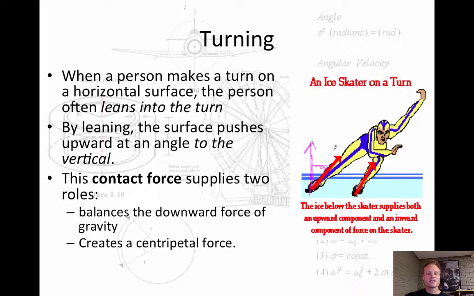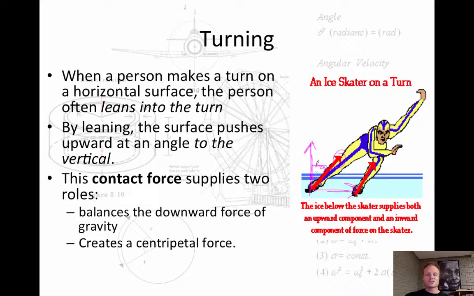And because of that angle, there is a component of this force that is directed in the x direction. If you remember when we broke vectors into components, there is now a component in the x direction that is helping this ice skater make that turn and continue to go in a circular motion. That's why they angle themselves.